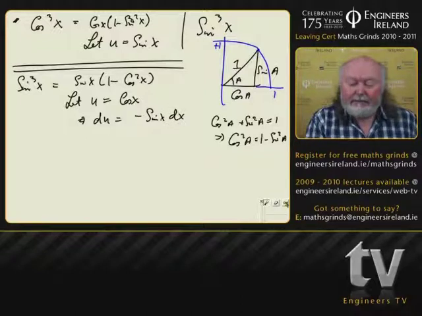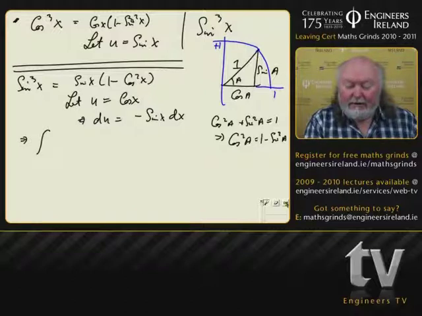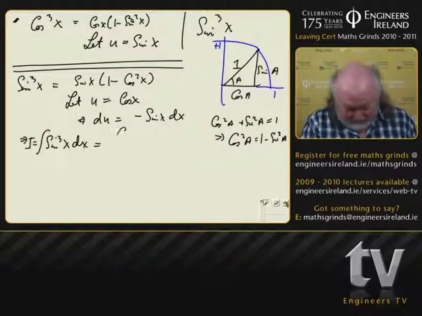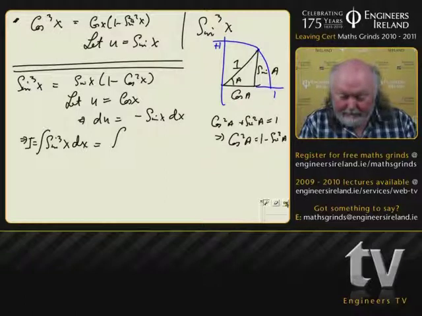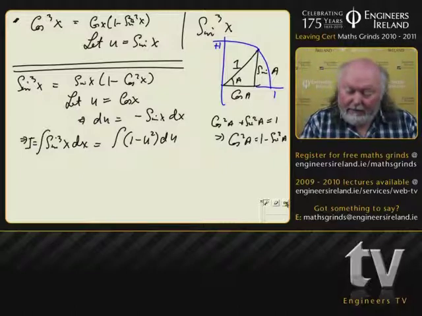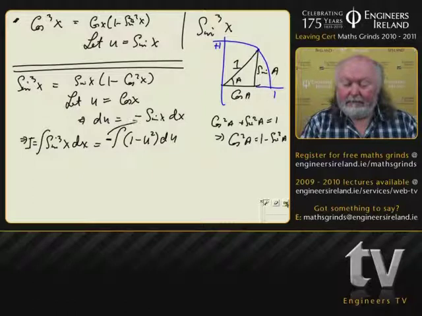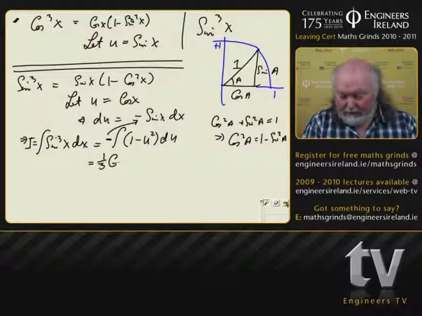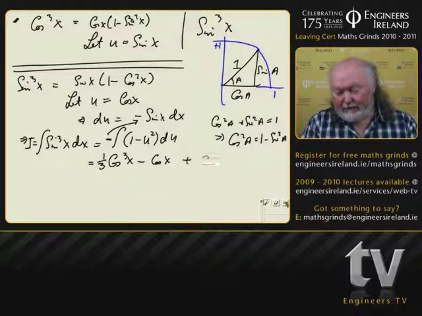So now we can say the I, which is the integral of cos cubed x dx, is equal to the integral of 1 minus u squared du, which is equal to u minus u cubed over 3, so sine x minus 1 over 3 sine cubed x plus c.